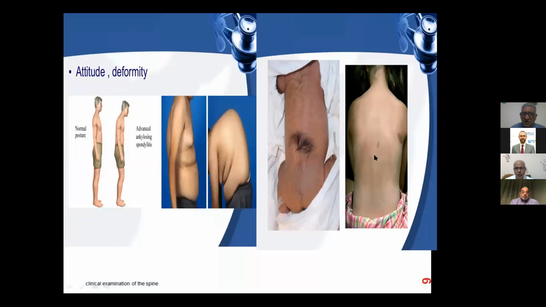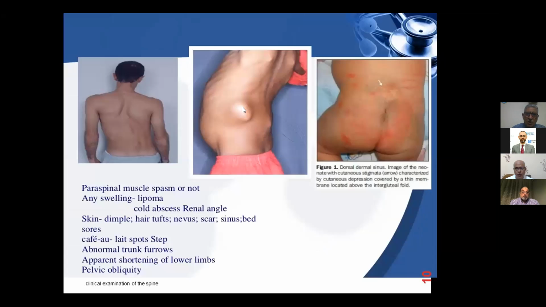You can see here the café-au-lait patches of neurofibromatosis, hair patches in spina bifida, severe kyphus in advanced tuberculosis, and kyphosis in senile kyphosis and osteoporosis. There is a disturbed forward position in advanced ankylosing spondylitis, and lumps or cold abscess presenting in the loin or in the abdomen in tuberculosis of the spine, with a step or kyphus formation either in the dorsal or lumbar regions, the presence of a list to the side or sciatic list, and spina bifida here.